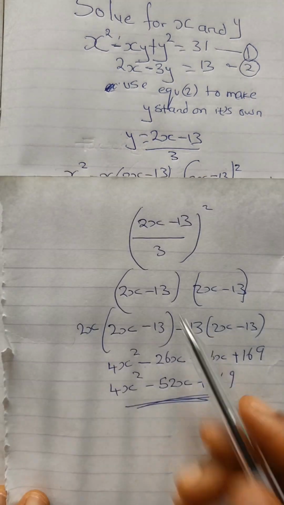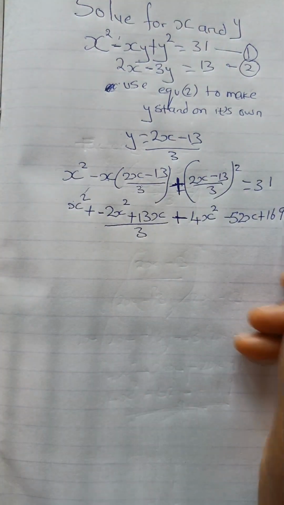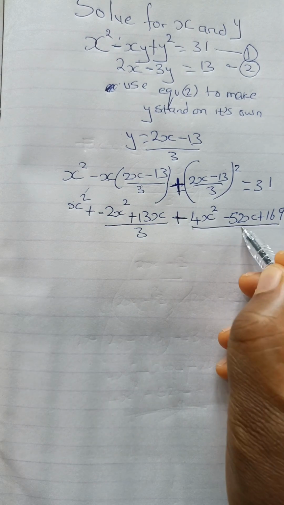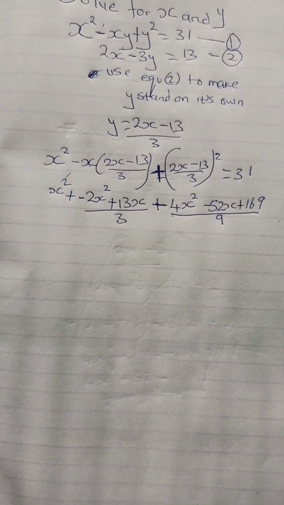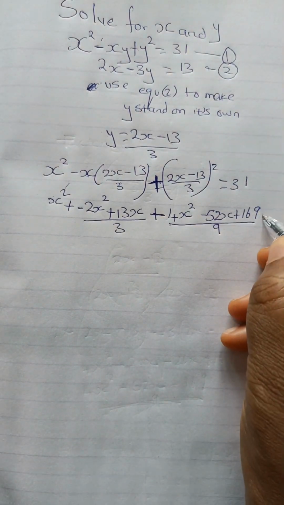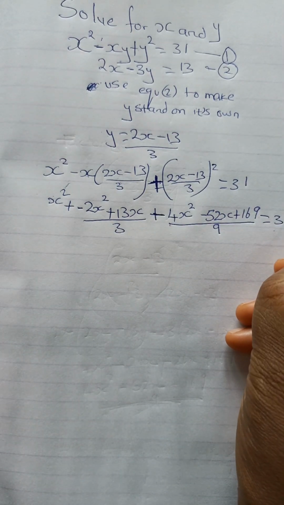We had our 3 here, so 3 times 3 is 9, so it's just over 9. So that's that for that. And let's not forget that we have our 31 there.